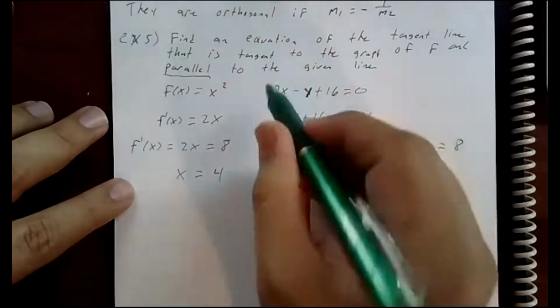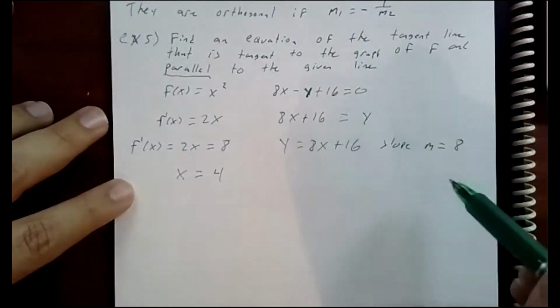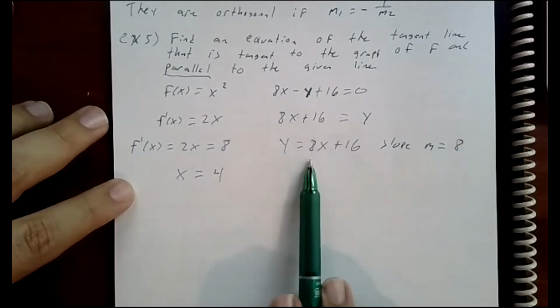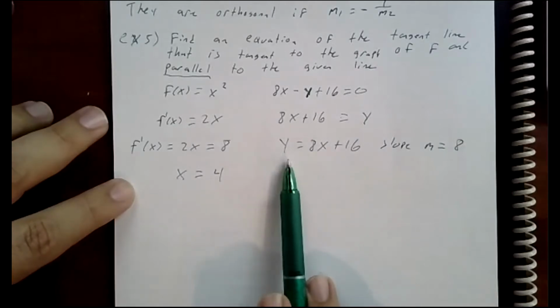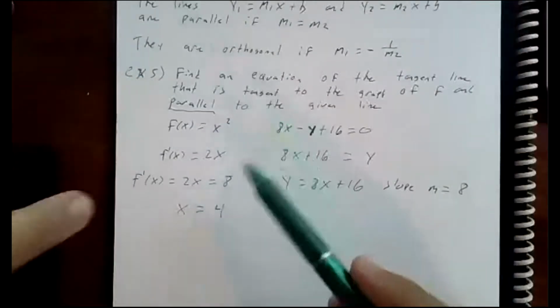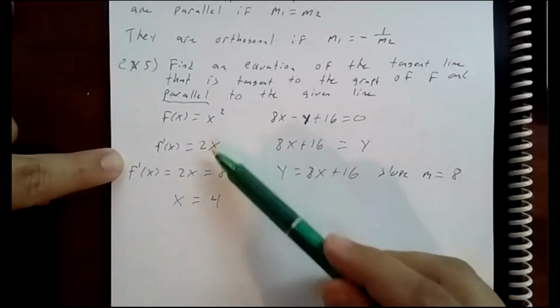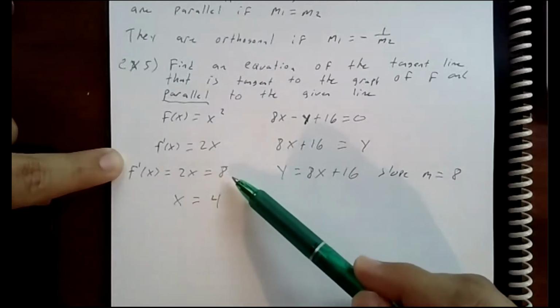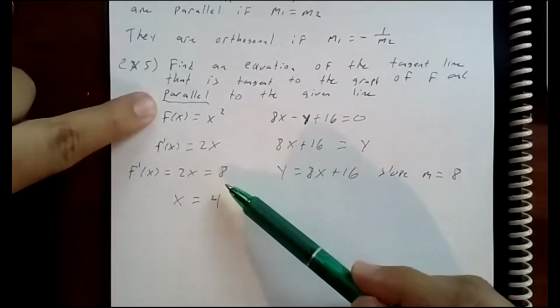So it's a little weird if you don't remember a lot of this stuff, because you have to remember, okay, y-intercept form, the slope is always whatever is on the x. Once you solve for y, you have to remember what it means to be parallel. And then you have to remember the new ideas of how derivatives give you a bunch of slopes at any given point of some f.